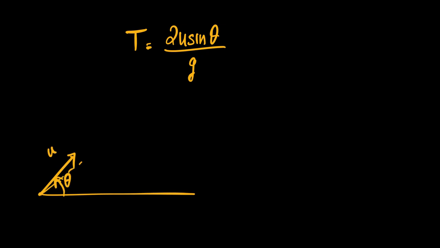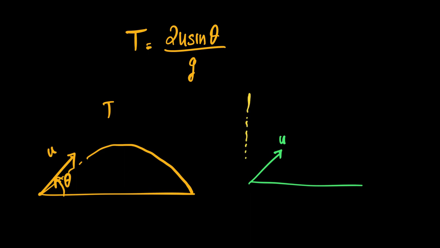Now what will happen if the object is projected with velocity u but not with respect to the horizontal? If it is projected with respect to the vertical as theta, and yet the body goes through a projectile motion with time of flight t, what will time of flight be equal to?